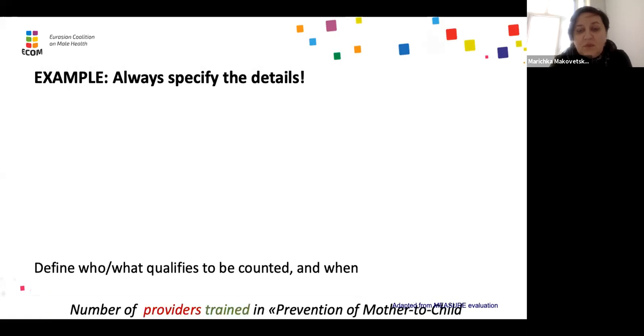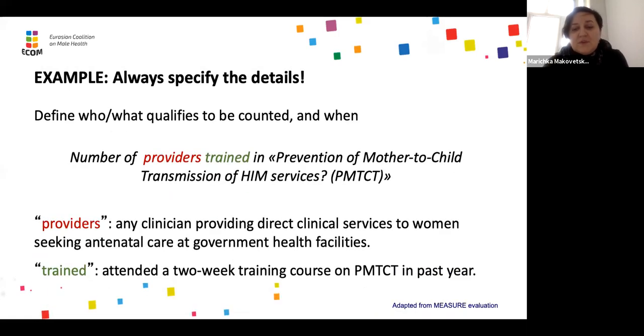Examples. One of the examples that I want to show you, and I will try to explain why you should be very definitive in defining your indicators. For example, you have an indicator that sounds like number of providers trained in prevention of mother-to-child transmission HIV services, called PMTCT.